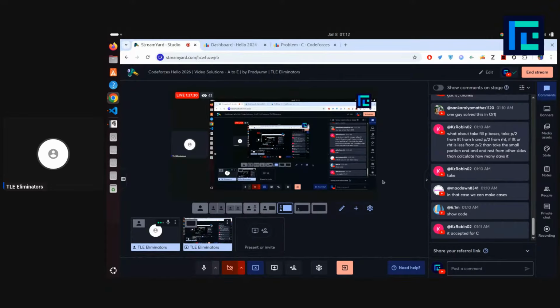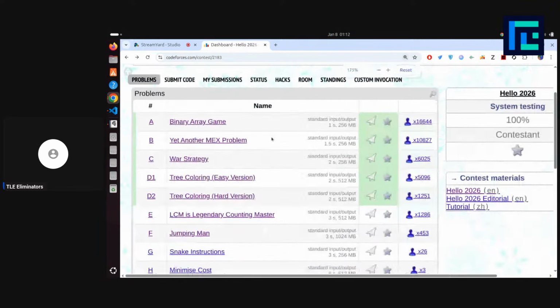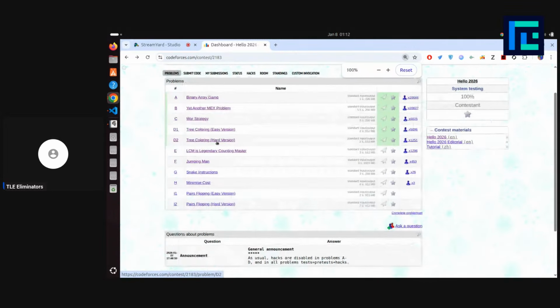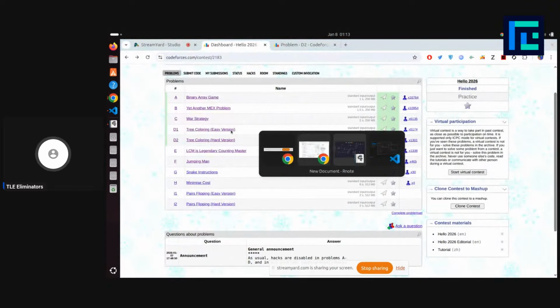Okay, that's nice. So let's move on to the next one now. D1, D2. I'll take both of them at the same time. To be honest, D2 is just the same as D1 only. And before that, I'll submit E. I could not solve E in the contest.